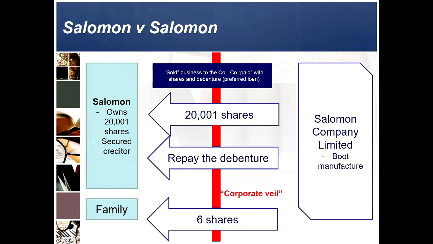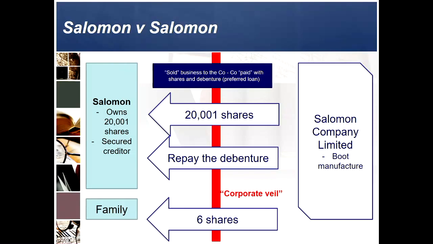Now, I should just note one other point in the case. When Mr Salomon lent the money to the company, the company was required to put up security. So this meant that Mr Salomon was not just a typical creditor, he was a secured creditor. Later on in the course we will talk about the difference between secured and unsecured creditors.